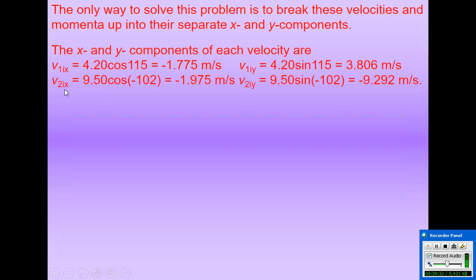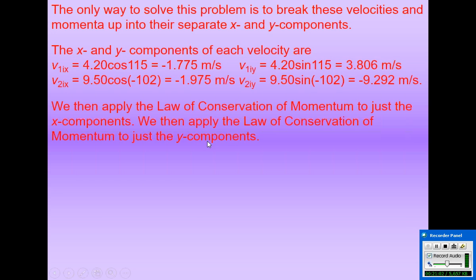For the other mass, the one that is moving 12 degrees west of south, the initial velocity x component is 9.5 times the cosine of negative 102, that's negative 1.975, and the y component is 9.5 times the sine of negative 102, and that's negative 9.292 meters per second.